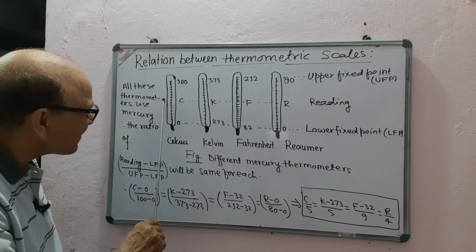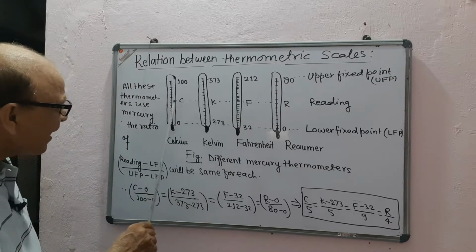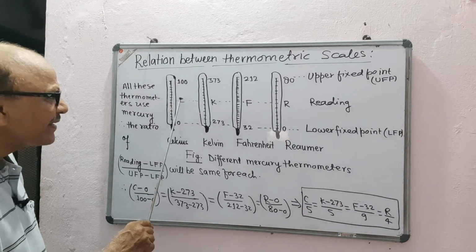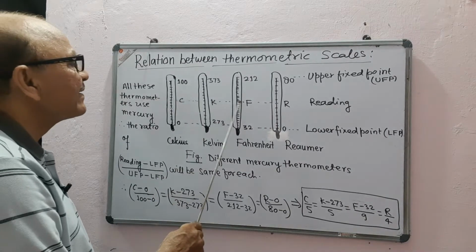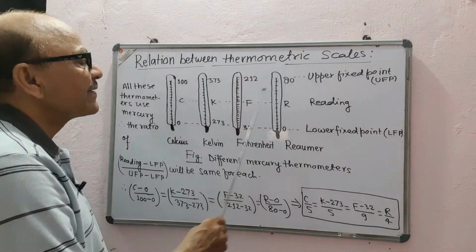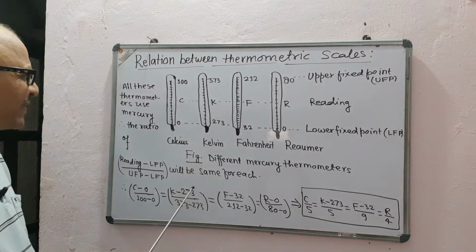If at a certain temperature, these are the readings of the 4 thermometers, that is C is the reading at Celsius, K is the reading at Kelvin, F is the reading at Fahrenheit and R is the reading at Reaumur thermometer.